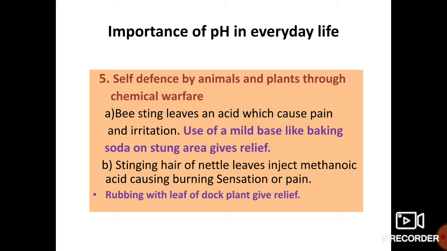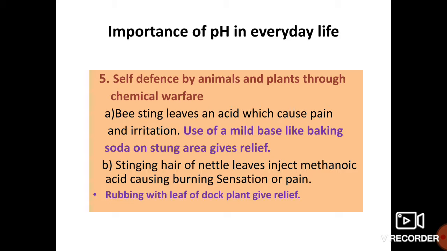Self-defense by animals and plants through chemical warfare. For example, a bee sting leaves an acid which causes pain and irritation. Use of a mild base like baking soda on the stung area gives relief, as it neutralizes the effect of that acid. Next, the stinging hair of nettle leaves injects methanoic acid that causes a burning sensation or pain.